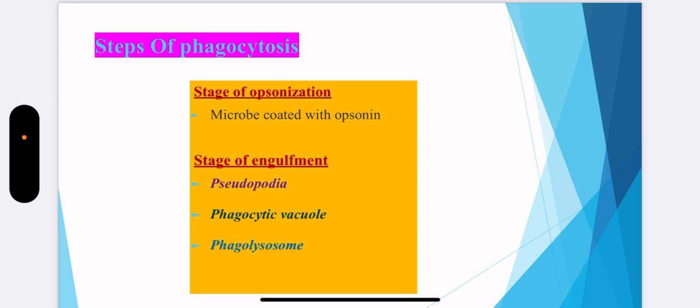It is carried out by the formation of pseudopodia around the particle to be engulfed. Pseudopodia envelop the particles, resulting in the formation of a phagocytic vacuole. And once the lysosomes come into action, they fuse with the phagosome, resulting in the formation of phagolysosome.